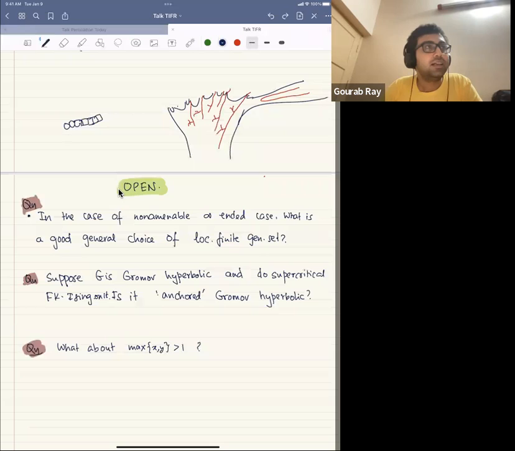I'm not really a group theory person, but I'm a probability person. The example I'll give is a supercritical percolation on one of these hyperbolic lattices. If you take a supercritical percolation, it will have infinitely many ends.